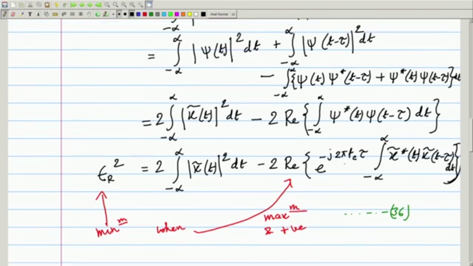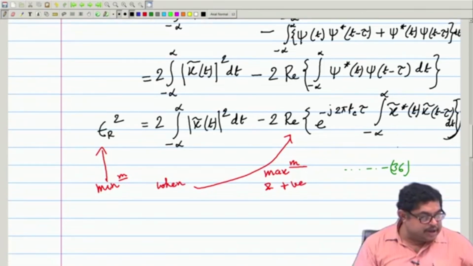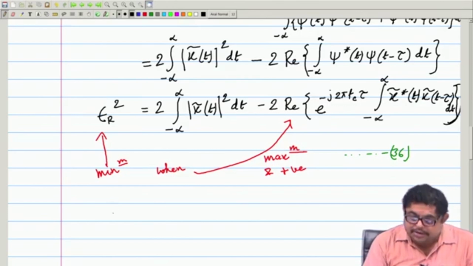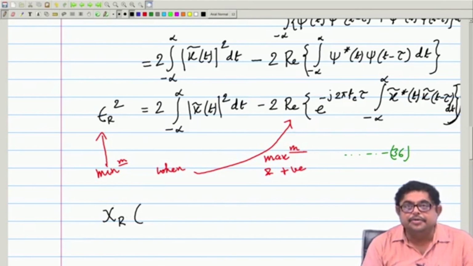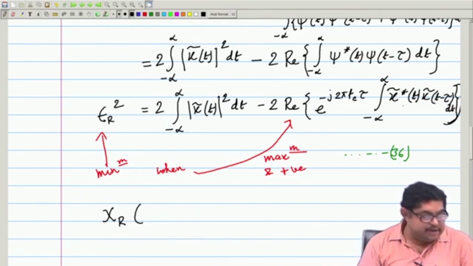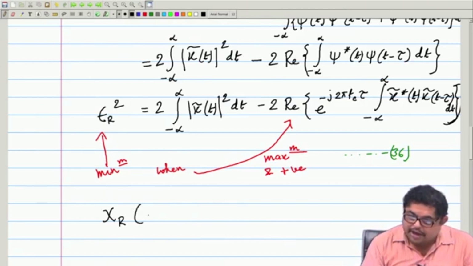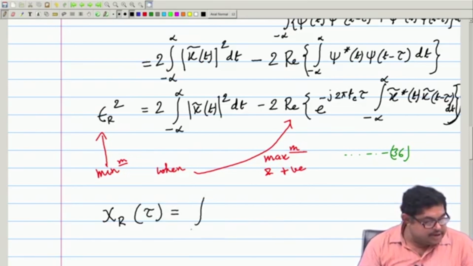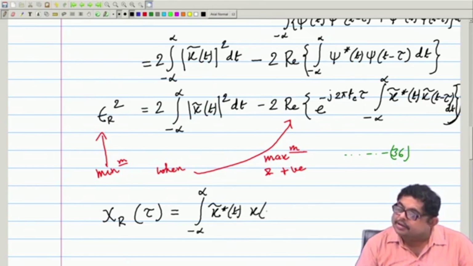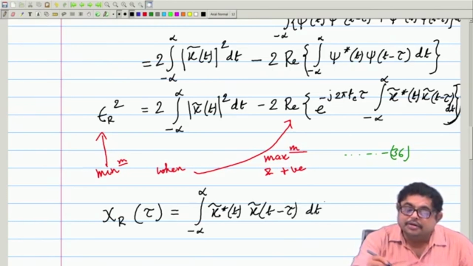Now, let us define this integral. Let me give it a symbol, some zeta r, because it is concerned with the ranges. So, that x r tau, it is a function of tau. What is this? This is that integral portion, x star t x t minus tau dt.